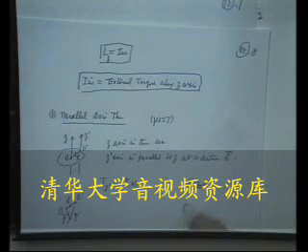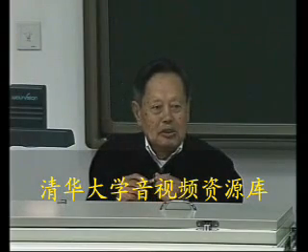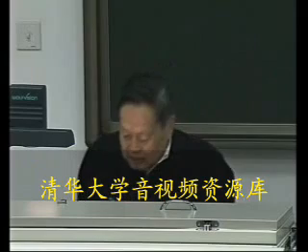So rho prime is equal to h plus rho. Rho is the perpendicular distance to the center of mass z-axis. Rho prime is the one relative to the z prime axis.